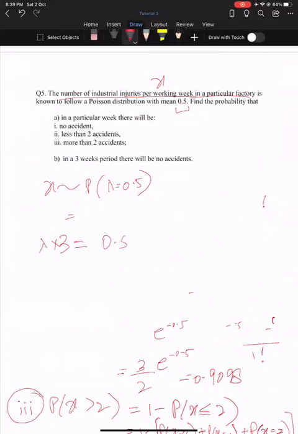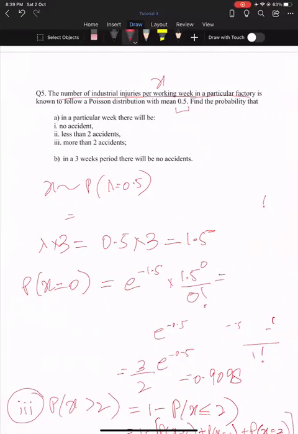So we have 0.5 times 3, which is 1.5. And now in 3 weeks, there will be 0 accidents. So we'll have e to the power minus 1.5 times 1.5 to the power 0 over 0 factorial, and we get e to the minus 1.5, which is 0.223.